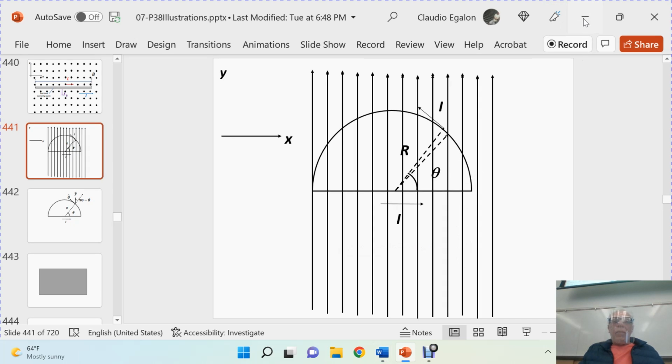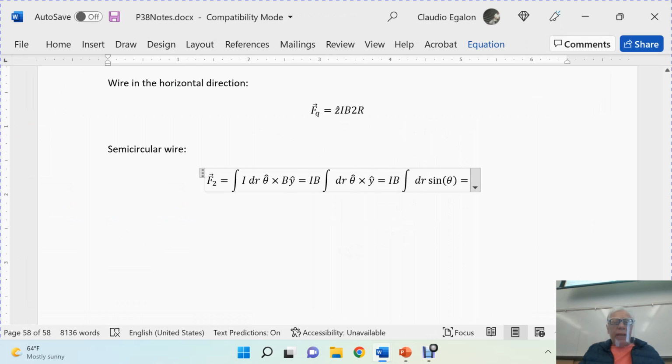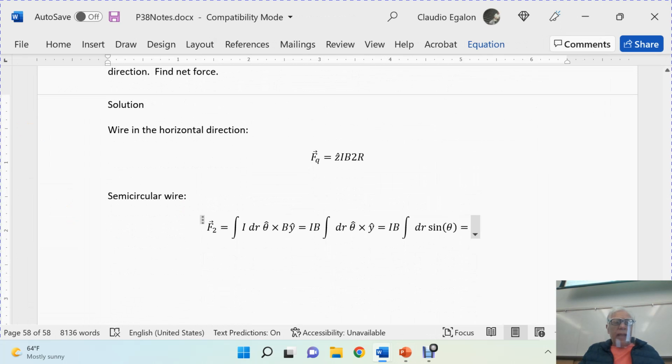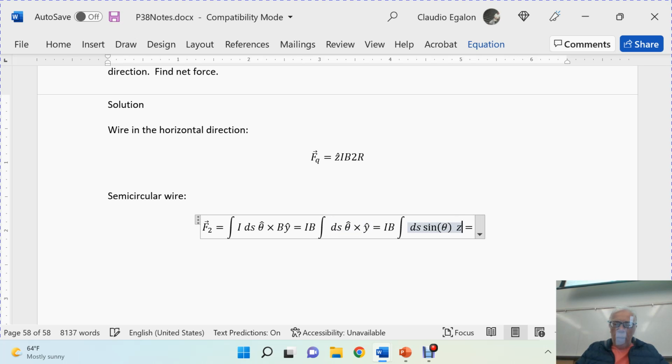So it's even better to use not dr, but we usually use ds for an arc. You go ds. Oh, don't forget the z hat. Oh, it's minus z hat. I'm gonna put that here.